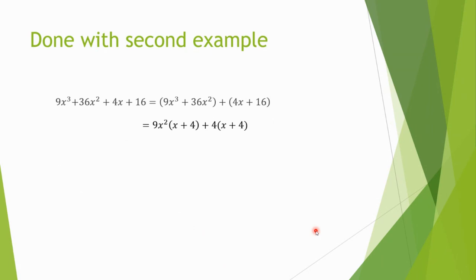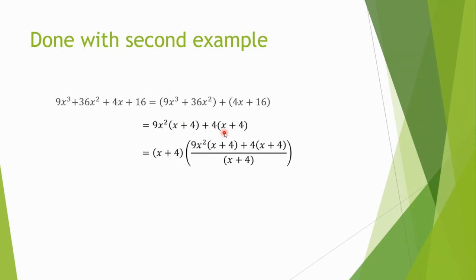So notice that there's a common factor of x plus 4. In parentheses, x plus 4 is there, and it's in both. That's what we want. We want, after factoring out the individual GCFs, to have something in common. So we're going to factor that out, and that's what I'm doing here.